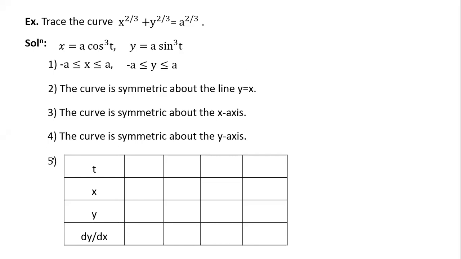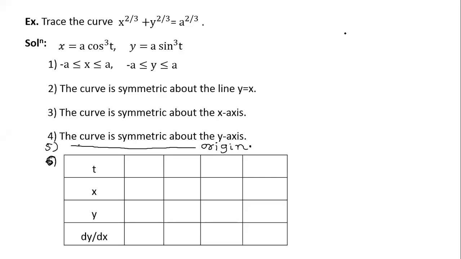Before that, I am saying that this is point number 6 and I am saying point number 5 as the curve is symmetric about origin. Yes, this property is also satisfied.